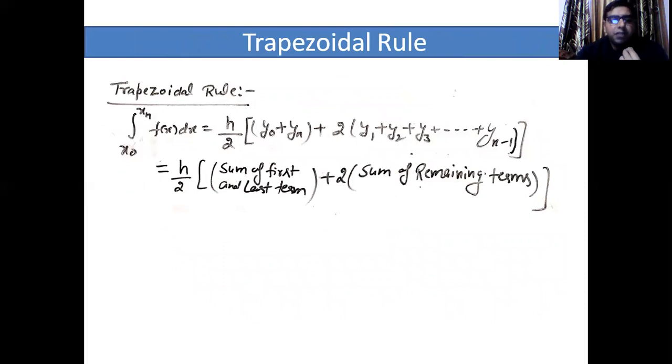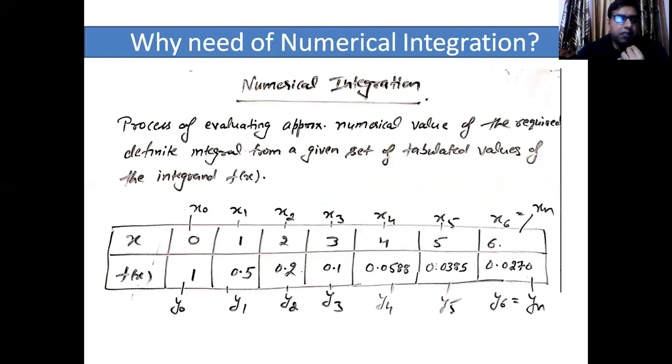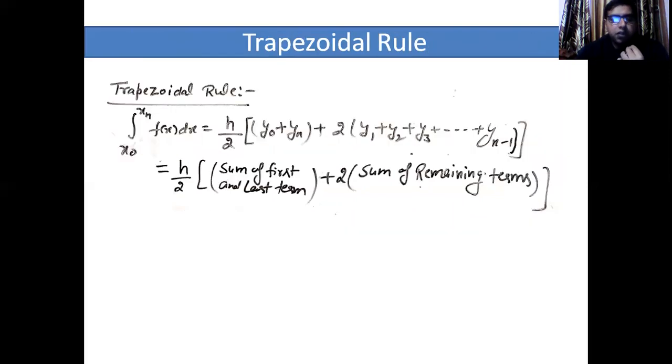Now, my first method is the trapezoidal rule. The formula for the integration of a function from x naught to xn says h by 2, where h is the difference between x values, times the bracket y naught plus yn, where y naught is the first value and yn is the last value, plus double the sum of the remaining terms y1, y2, y3, up to yn minus 1.